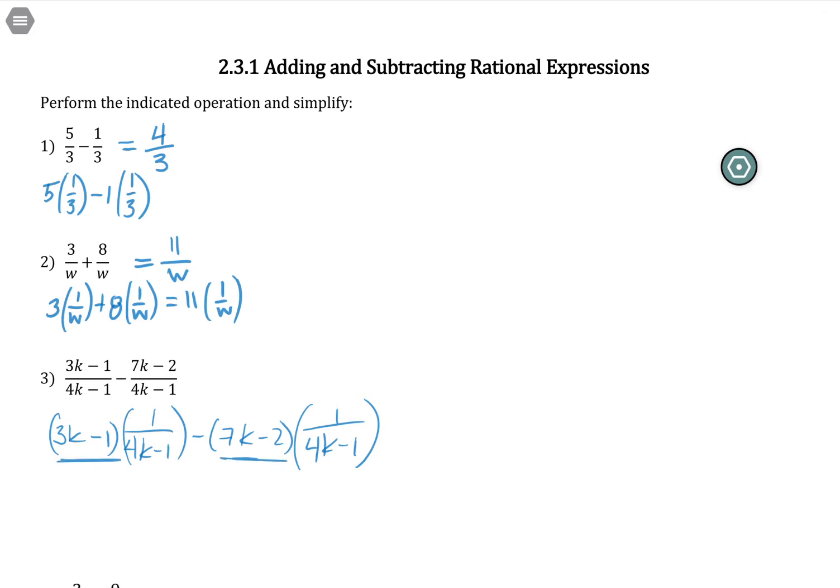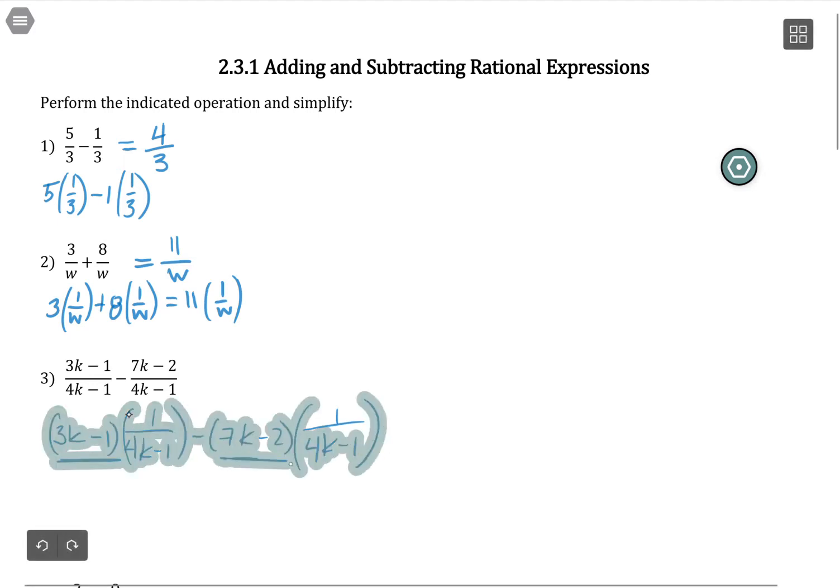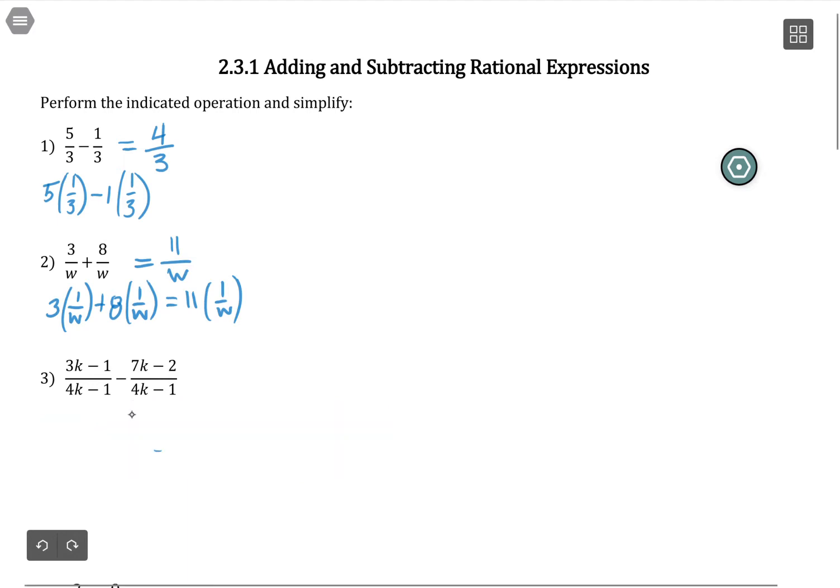So I think at this point I'd go back, hopefully with the understanding of what it means, and say, okay, if I have the same size denominator, that means my pieces are the same, and really all I need to do is add numerators, which represent how many of the pieces we have. So I have 3k minus 1 of them, and I need to subtract 7k minus 2 of them.